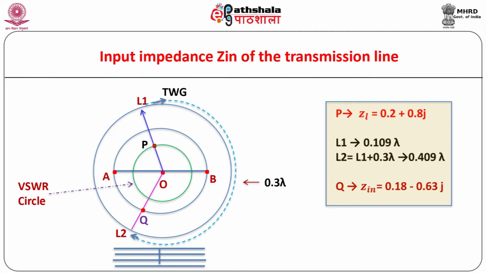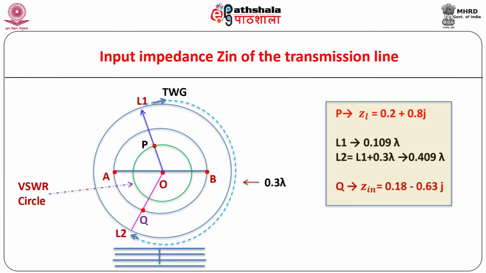Step number 4. Now 3.3 lambda is equivalent to 0.3 lambda. Hence, add 0.3 to the reading on wavelength scale at L1. Move along the circle in the direction towards the generator and reach a point L2 reading the number L1 plus 0.3. Step number 5.